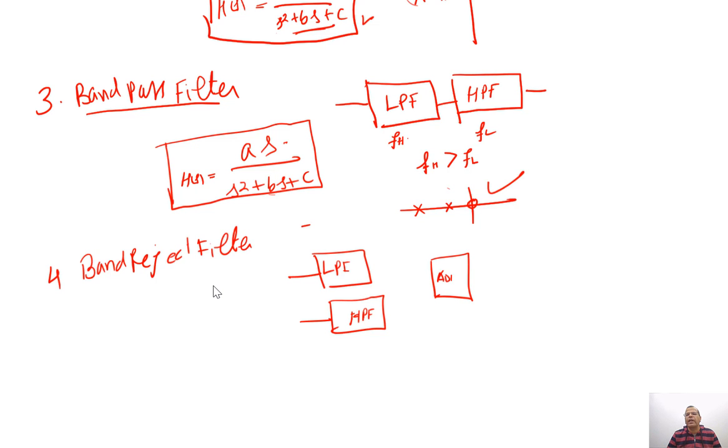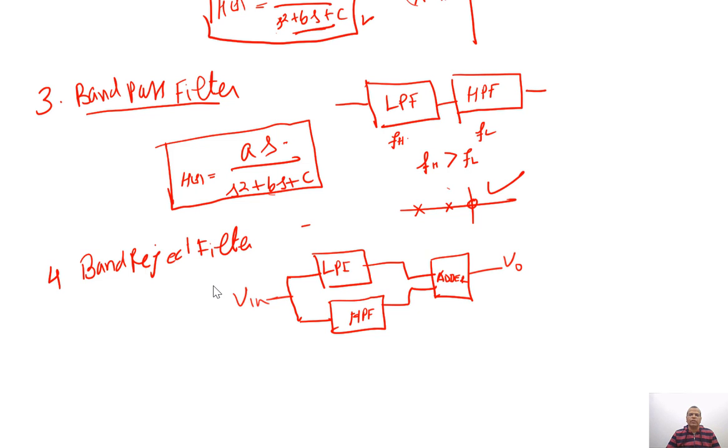This is the adder, right? When you connect both of these at the input of the adder like this, the input is kept common to both filters. This is V in, and the output is V out.